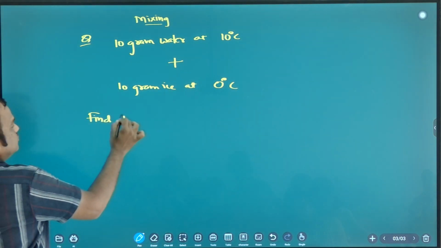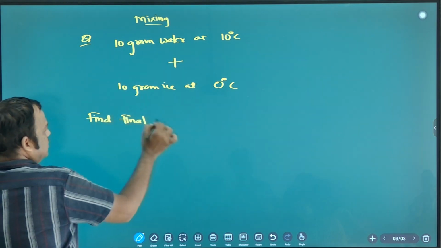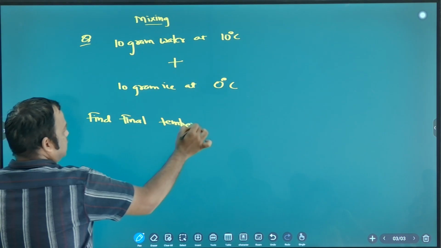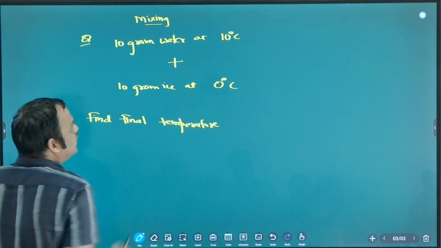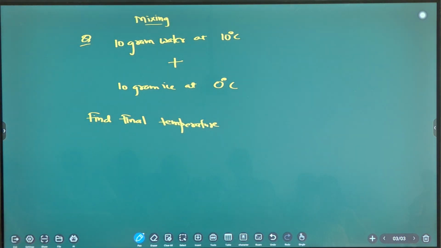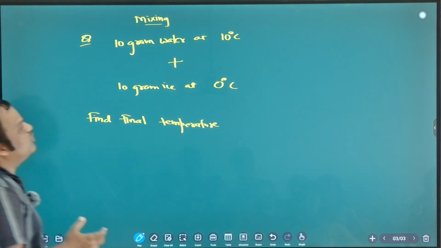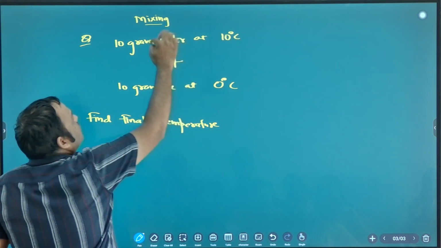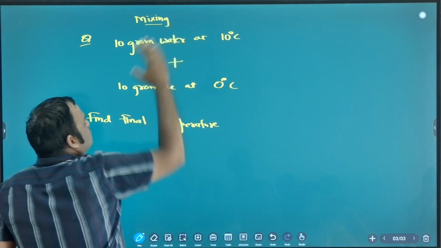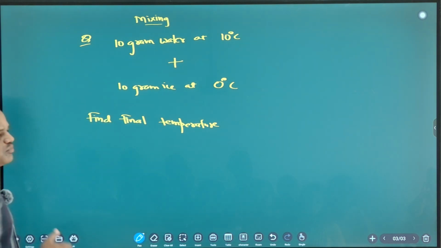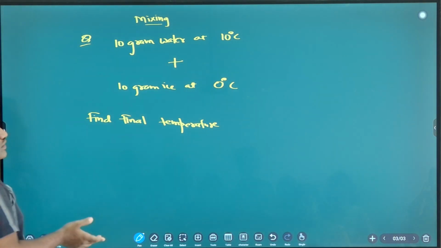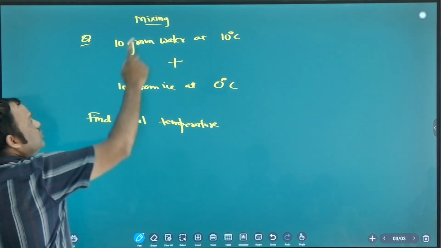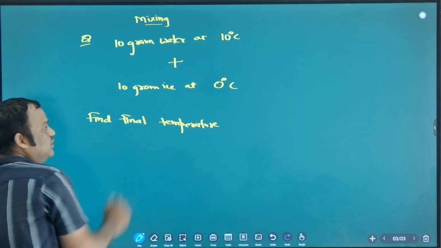Find the final temperature. Which has more heat? Water has more heat because its temperature is high and water is liquid. Liquid has more heat than solid. Gas has more heat than liquid. So water is liquid, ice is solid.